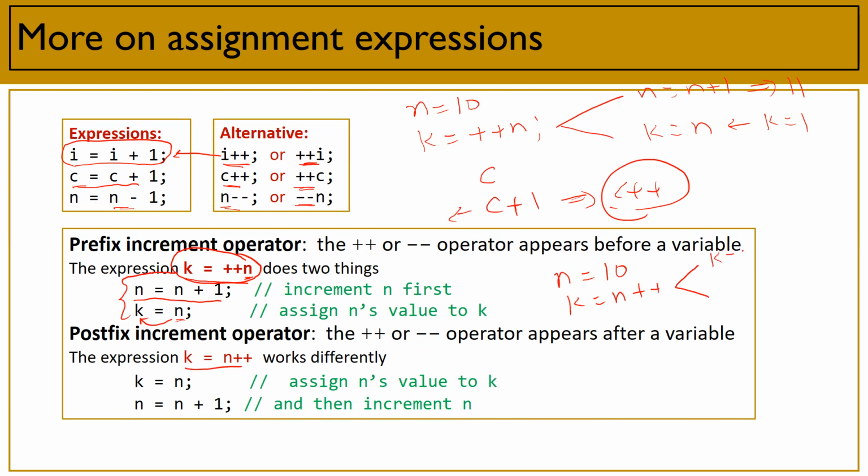One is k = n, and then n = n + 1. Since n is 10, k will have 10, and then n will become 11. So you see the difference between the prefix and postfix increment or decrement operators.